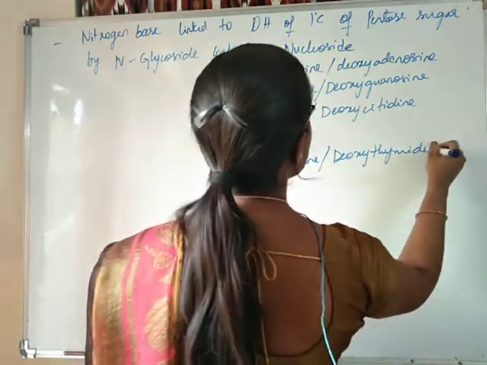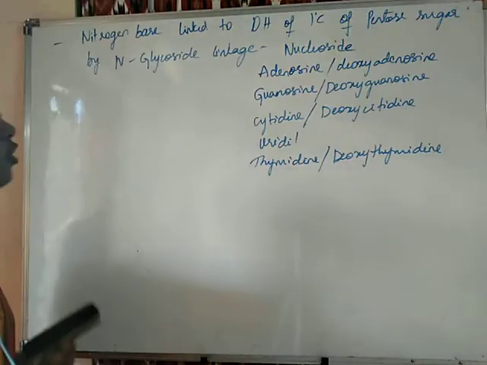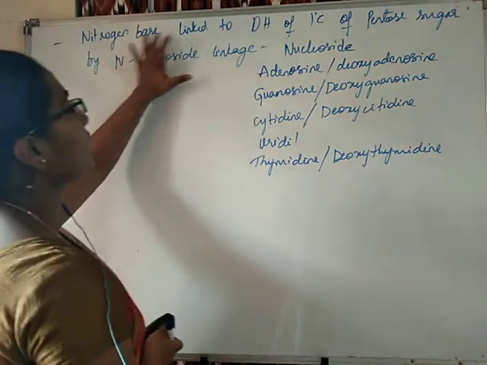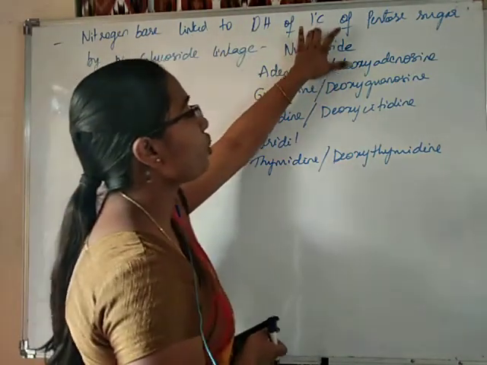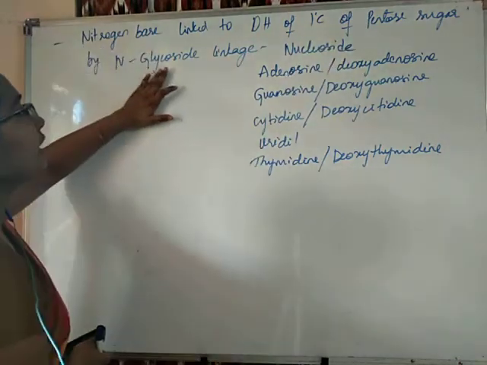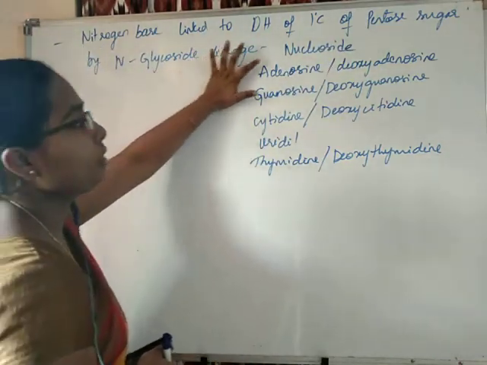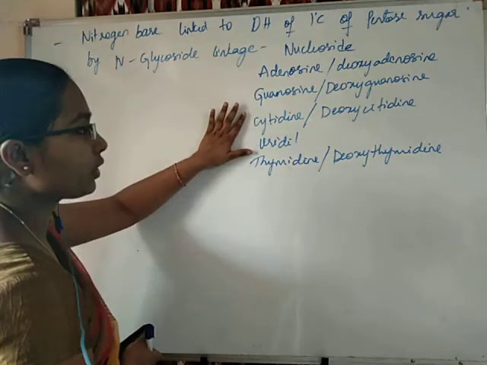In that way, these different types of nucleosides will be formed. The nitrogen base gets linked to the OH group of the first carbon of the pentose sugar by N-glycosidic linkage to form a nucleoside like any of these.